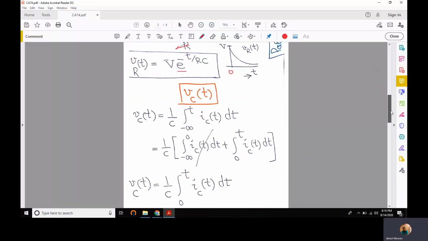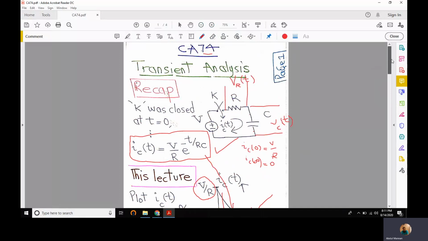So what happens is then ic of t is minus infinity to t, and we can rewrite this integral from minus infinity to t. We can, in fact, break this up into two parts, from minus infinity to 0 and from 0 to t. From minus infinity to 0 it is non-zero if the capacitor is pre-charged, but in this case, since the switch was open before time t is equal to 0, the capacitor was uncharged.